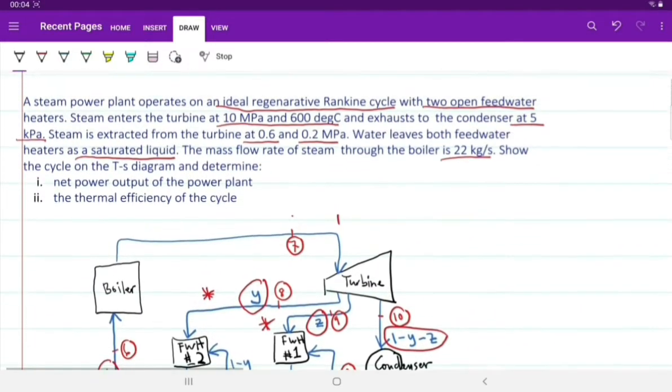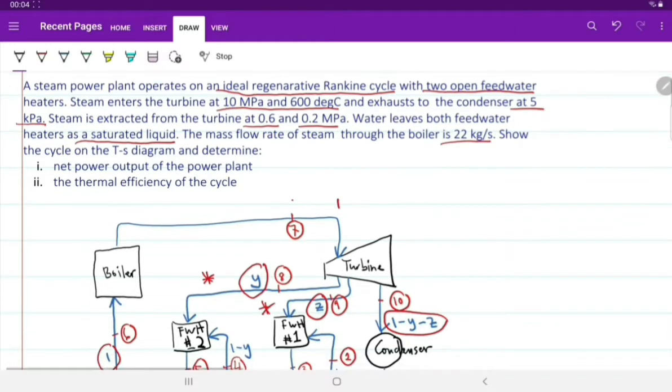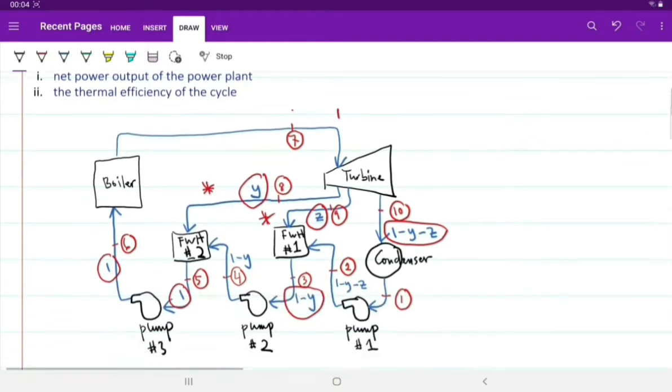From the question, 10 megapascal is the highest pressure, the lowest pressure is in the condenser, 5 kilopascal, and then for the middle pressures, you have two because we have two open feed water heaters, 0.6 and 0.2 megapascal.